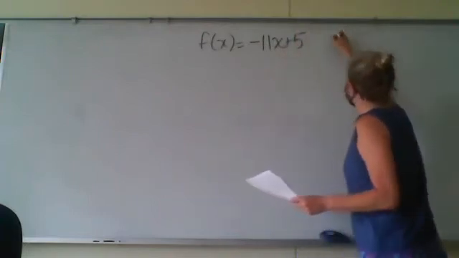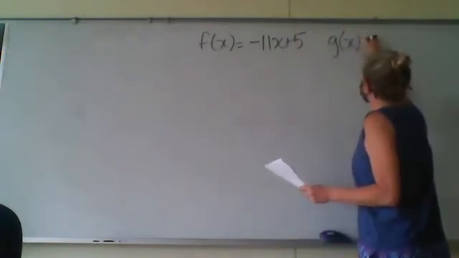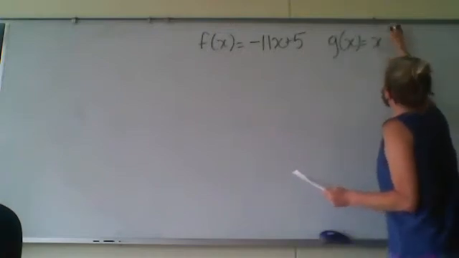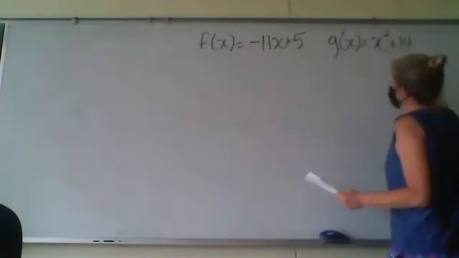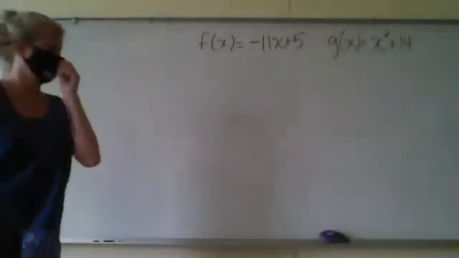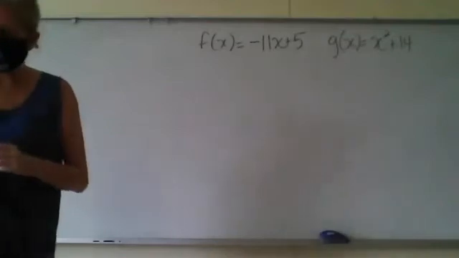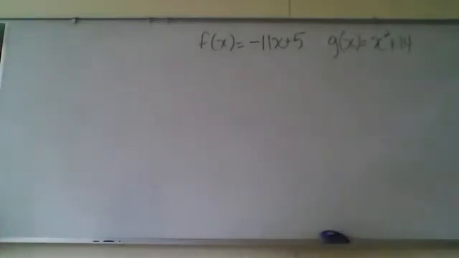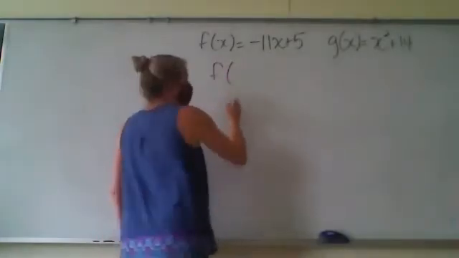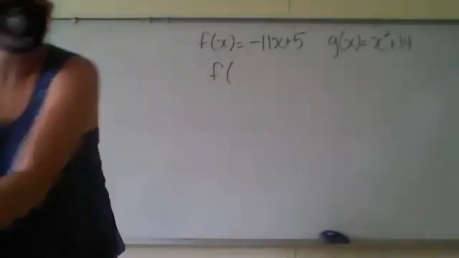G of x is x squared plus 14. And let's see, it tells me it wants me to find f of 1 times g of 1. Does it say 1 or no? Yeah.